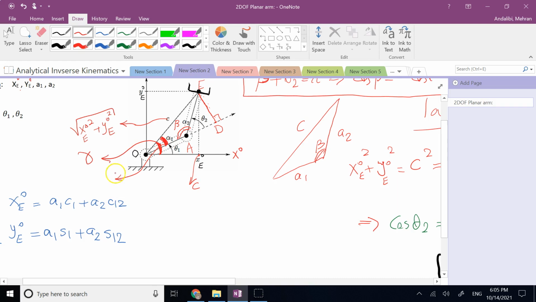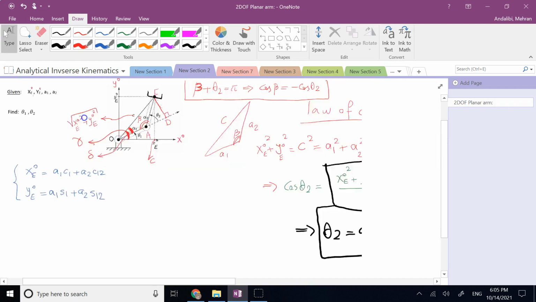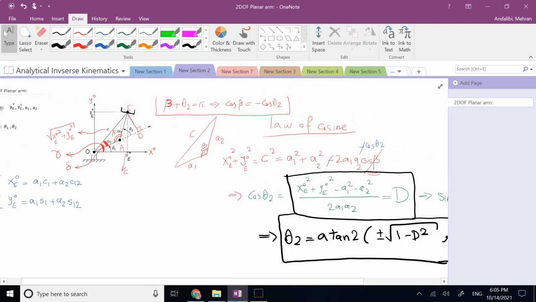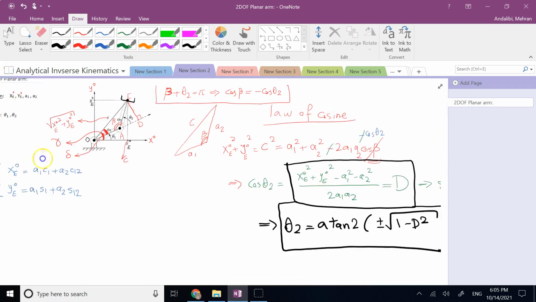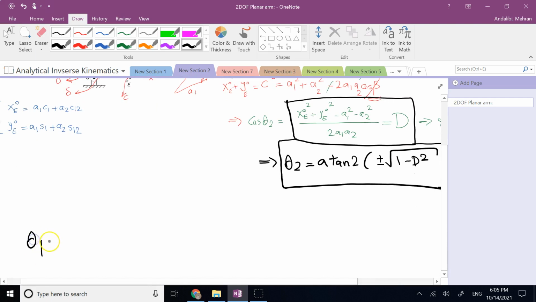Let's say, for example, delta. So gamma minus delta is clearly theta 1. So if I want to write it somewhere, then clearly your theta 1 is gamma minus delta.